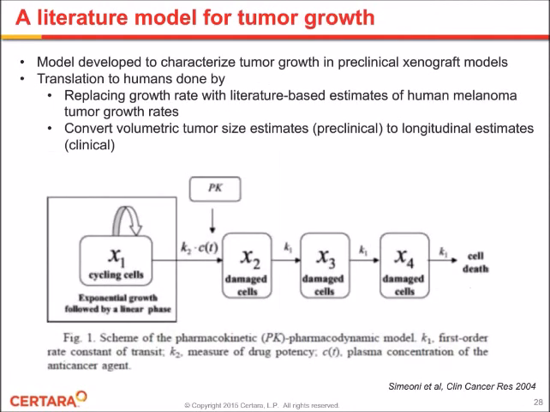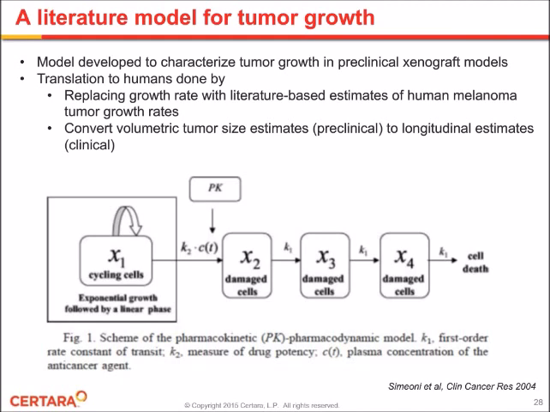The other literature-based element was the tumor growth model, and there we used the Simeoni model, which by now is really an established model to describe tumor growth in xenograft models. And the translation to the human situation there was done by replacing the growth rate in this model with estimates of human melanoma tumor growth rates that we obtained from literature.